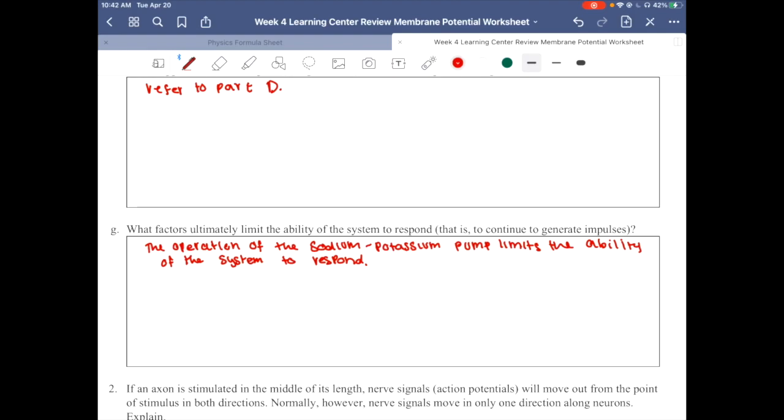So you can have the action potential go for a little bit, but because the pumps are poisoned, you wouldn't be able to establish the resting state membrane potential after you've used up all your ions. As a result, many action potentials can generate before the potential difference is reduced enough to prevent their generation. So essentially it's saying it would just take some time if the sodium potassium pump were to be blocked.